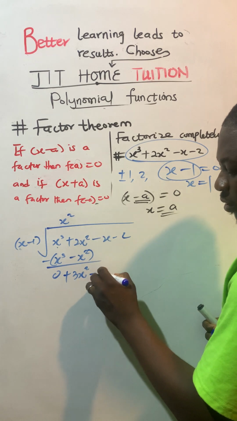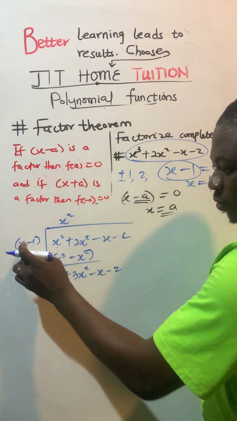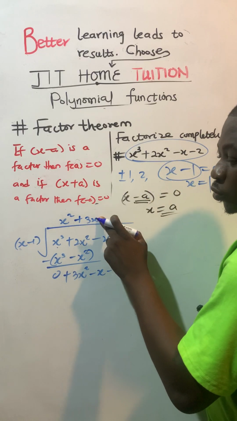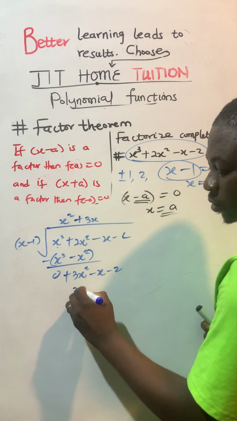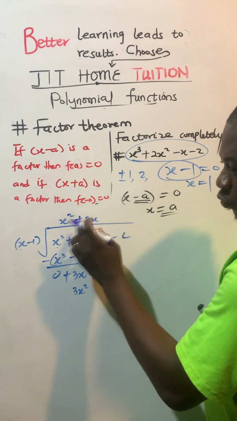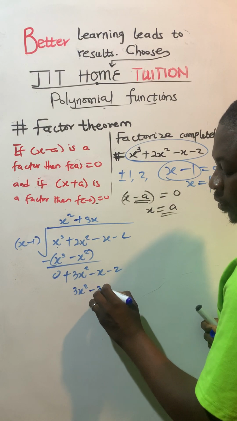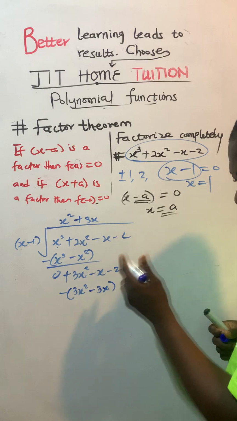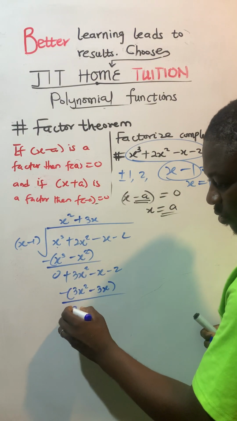Then you bring down neg x, neg 2. This one will divide, giving you plus 3x. It will multiply, giving you 3x squared back, and neg 3x. Then you subtract again, so they will come 0.